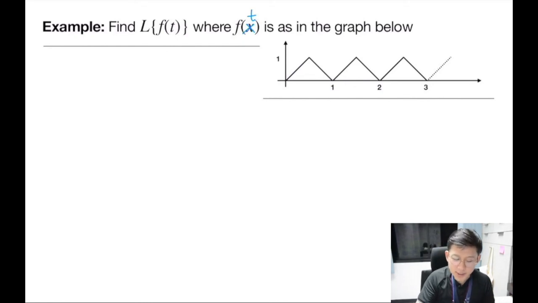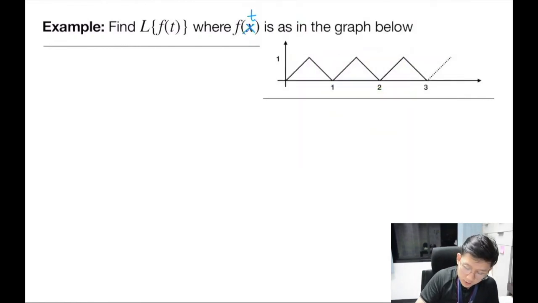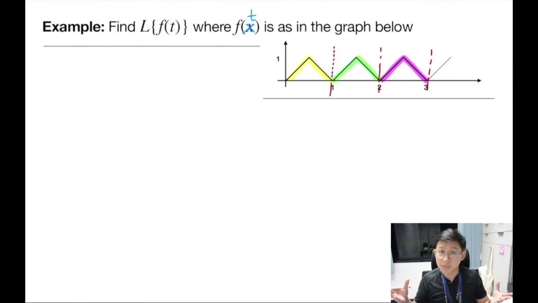But as you can see, it's clearly a periodic function, right? Because if you cut here, and of course here, they all look the same. It is repeated.